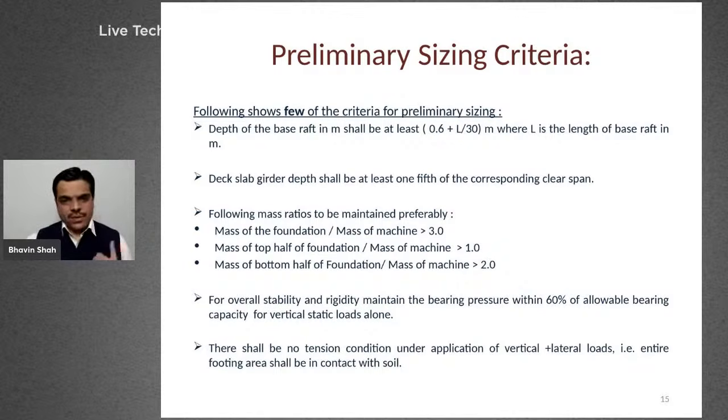As a first step, for overall stability and rigidity, we consider the bearing pressure within 60% of the allowable bearing capacity for vertical static loads alone. And there shall be no tension condition under application of vertical plus lateral loads. That is, the entire footing area shall be in contact with the soil.